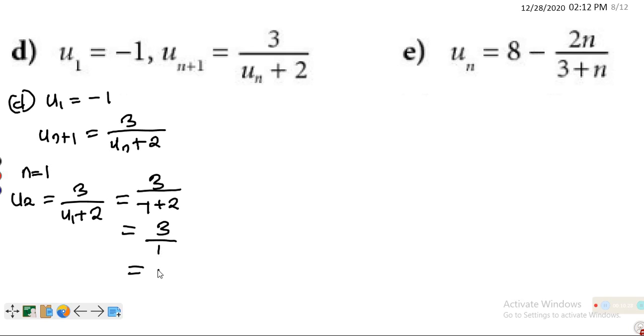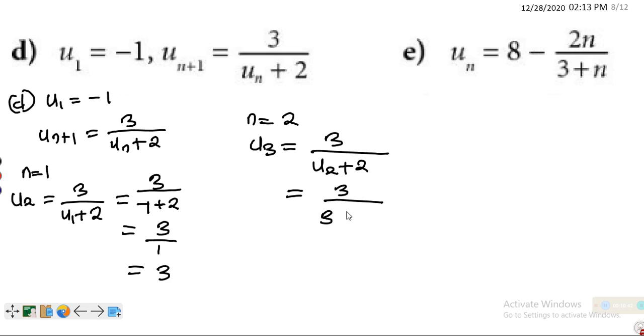So u2 equals 3. When n equals 2, we have u3 equals 3 over u2 plus 2, which is 3 over 3 plus 2, and this gives us 3 over 5. Therefore the first three terms of the sequence are minus 1, 3, 3 over 5.